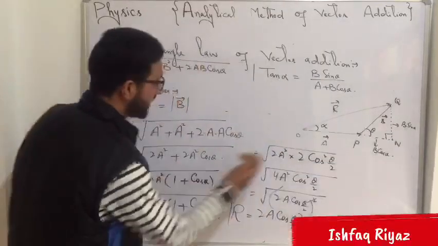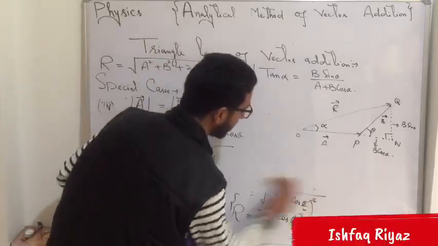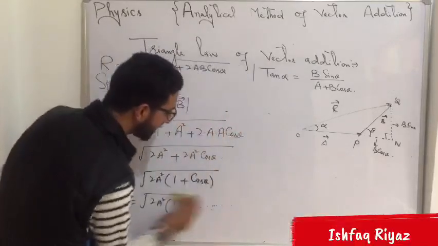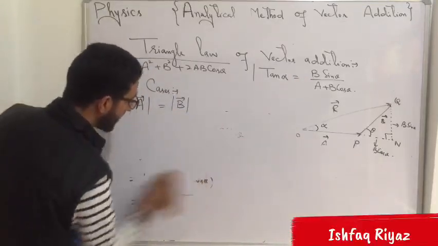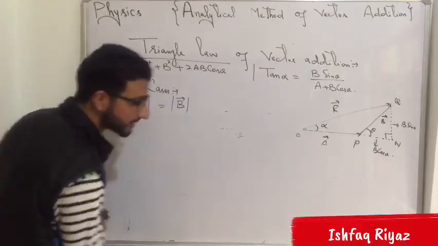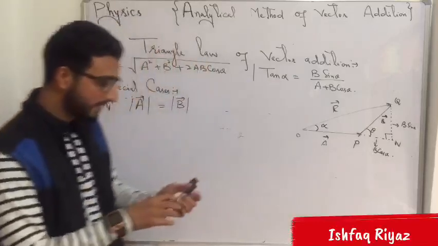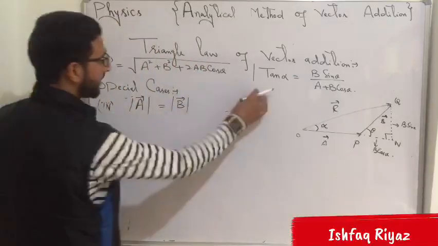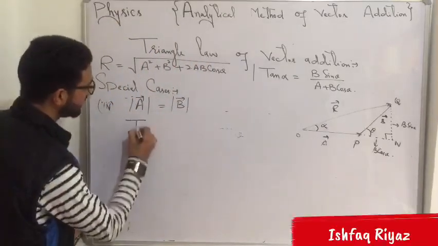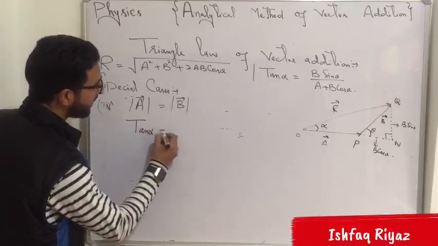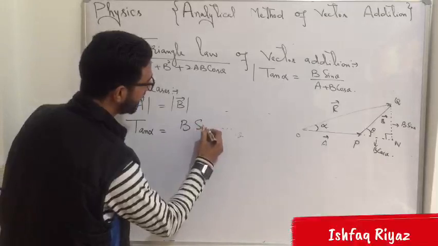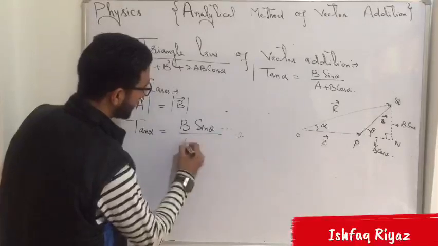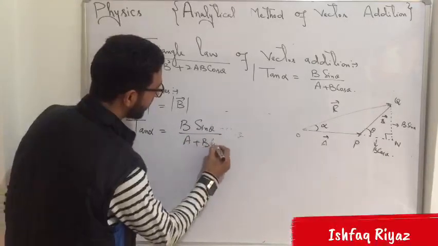Now let's find the direction of the resultant vector. You remember the expression: tan alpha is equal to b sin theta divided by a plus b cos theta.